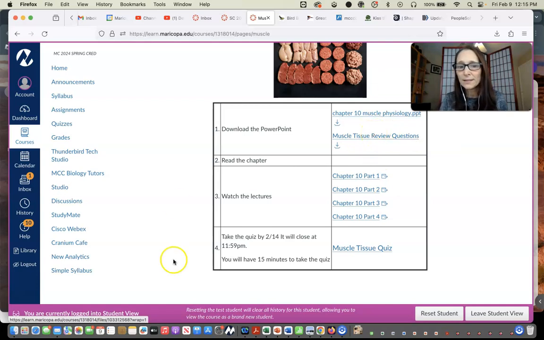For this set of lectures, you are going to get into the nitty-gritties of muscle physiology, muscle contraction, and that step-by-step process for muscle contraction and sliding filament theory. My suggestion for learning this process is to write it out on an 8.5 by 11 piece of paper and draw out the process.